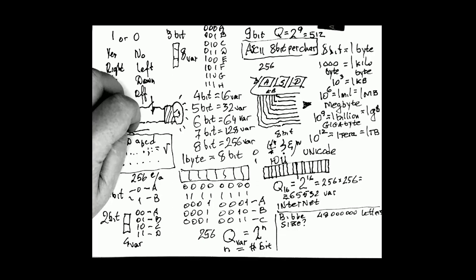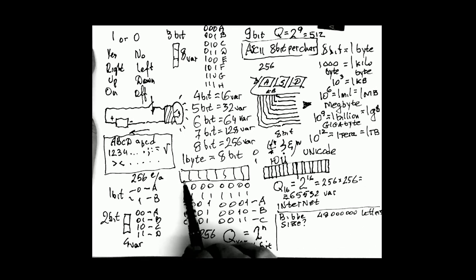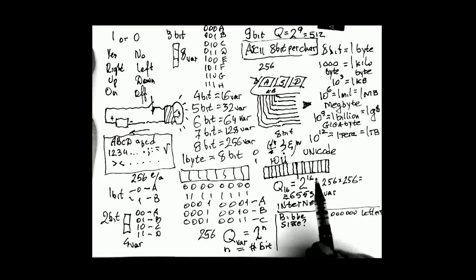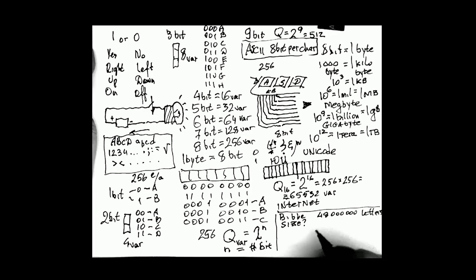How to approach this problem? 48 million letters can be encoded with ASCII code, and ASCII code, as you can see here, is 8 bits per character. So 1 byte per character.